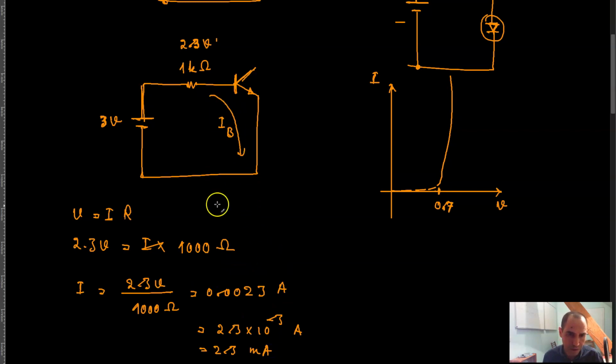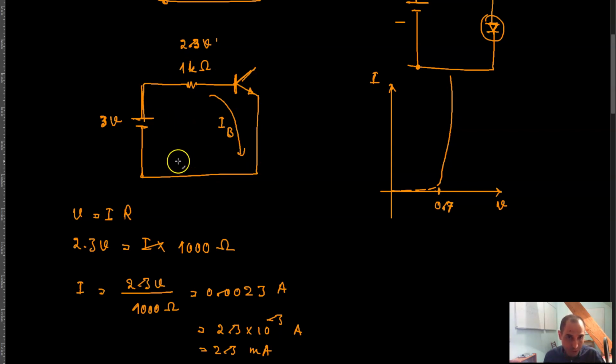So that means that the current going through this resistor is 2.3 milliamps, and of course, since this is a series circuit, the same current is going through the base emitter junction of this transistor, through the power supply and back and so on, over again, right?